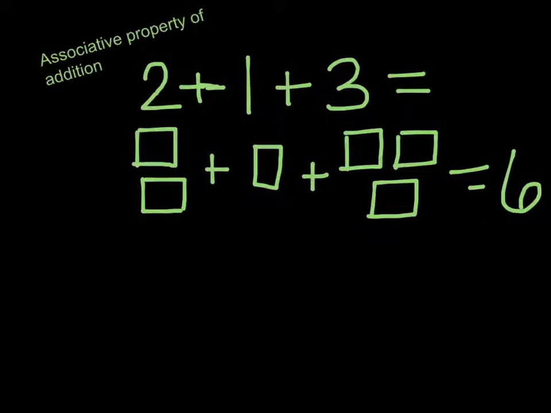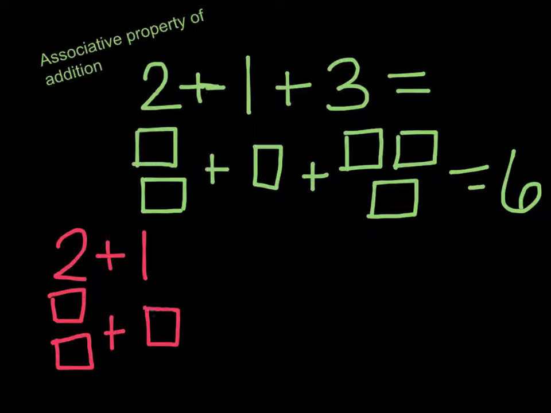So we are going to take 2 plus 1. Alright, so again, we're going to take our boxes and add another one to it. We are going to get 1, 2, 3. Alright, so this equals 3. Now, we are going to take this 3 from up here. We are going to add it because we're not done with our problem yet.